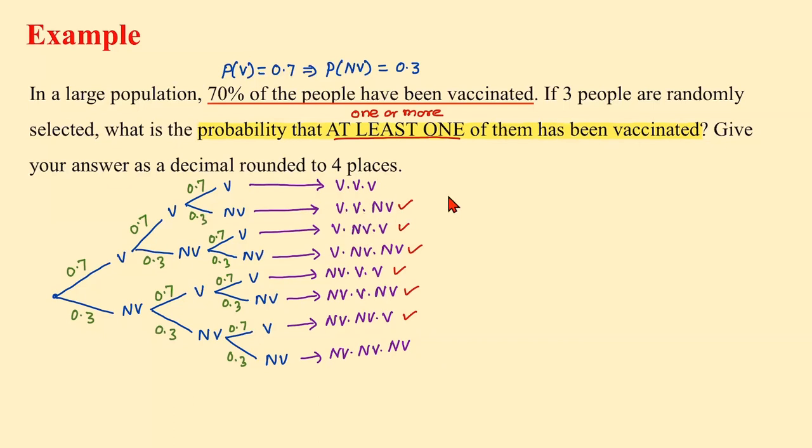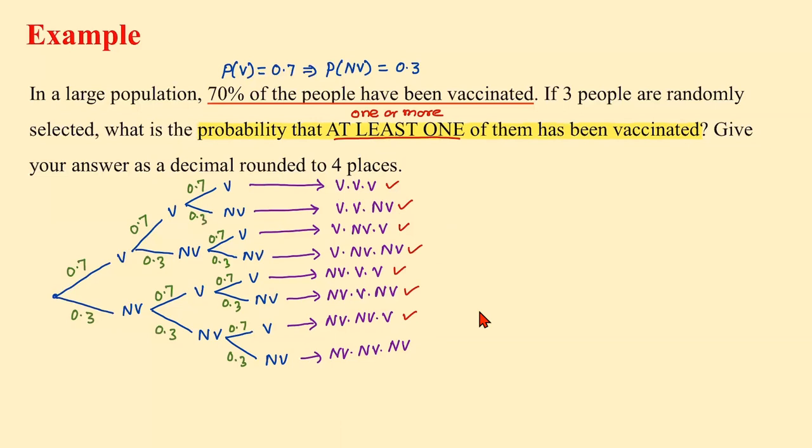And here all three are vaccinated. So we need all these probabilities except this one. We know that the total probability will be one. So from one, we need to subtract this to get the probability that at least one is vaccinated.